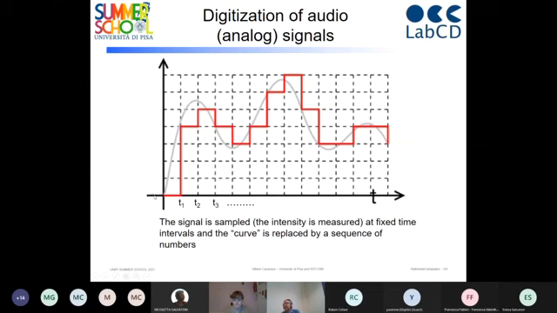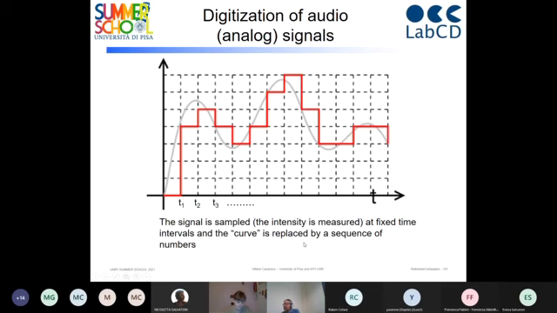Now, your problem is how can you represent a wave, a signal that changes over time, as a sequence of numbers? Well, you can sample, meaning that you measure the signal at fixed time intervals, and you register the height, the intensity, the amplitude of this curve each time that you measure it.